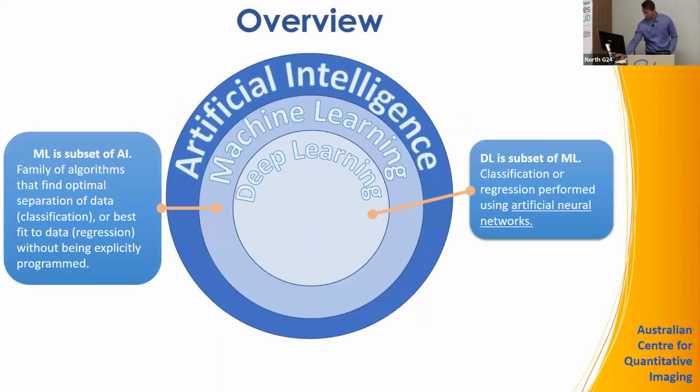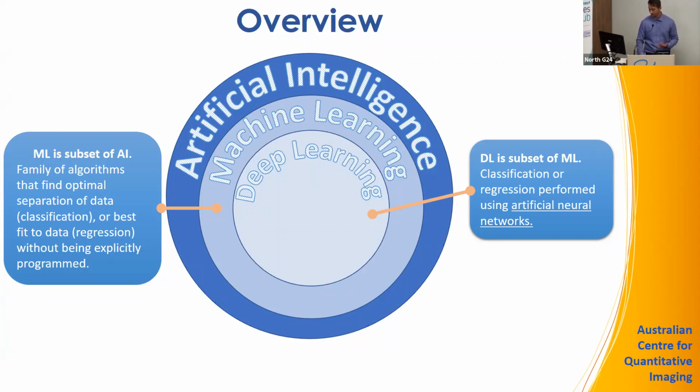So a quick overview of what AI is. I think the words machine learning, AI, and deep learning get thrown around quite a lot, and people use them interchangeably, but don't really understand specifically what they mean. So artificial intelligence is an umbrella term that encompasses machine learning and deep learning.